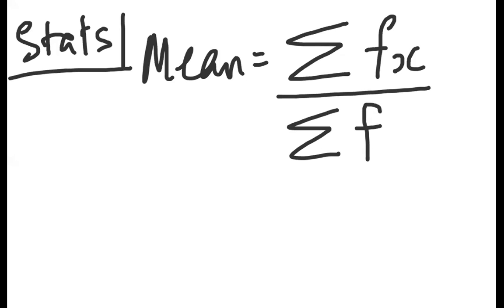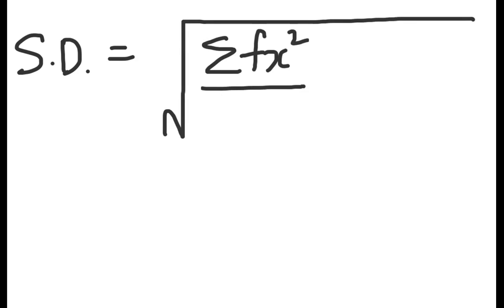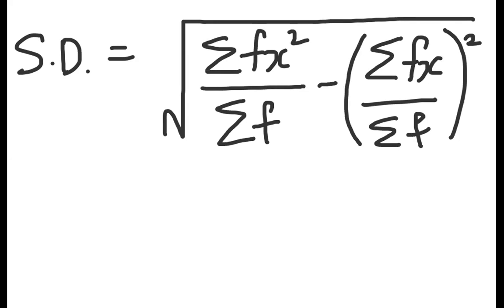Now we go on to something a bit more complex. I don't think I have the space to do it here. So this one is to find the standard deviation. Actually, standard deviation, you can do it by calculator. So fx square over summation of f minus bracket summation of fx over summation of f, square.